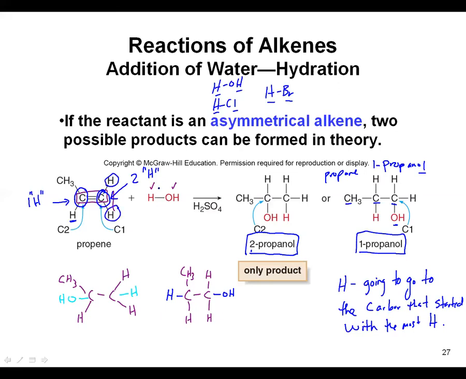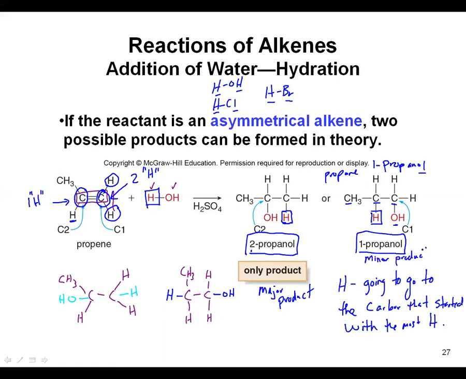So when this hydrogen comes in, it is going to end up at the carbon that had the most hydrogens to begin with, which as you can see is the right-hand side. And that's why this is really what is referred to as the major product. While the minor product would be the opposite, where we add the hydrogen to the other carbon. And this is what is sometimes referred to as the minor product.